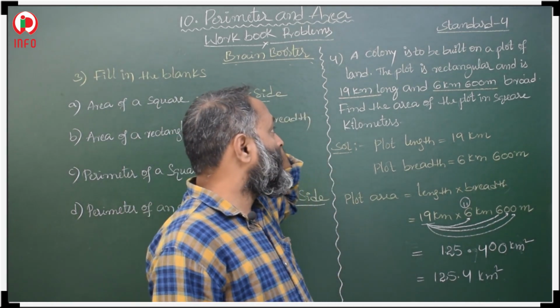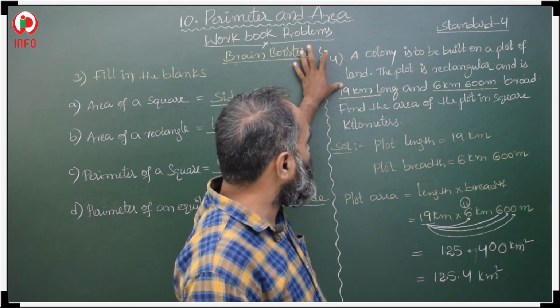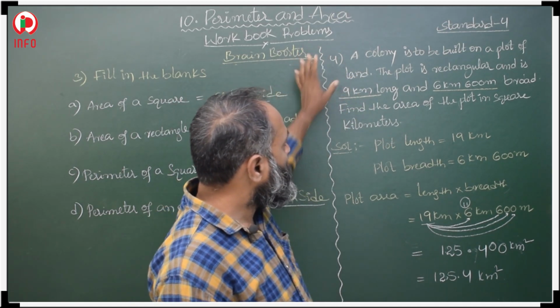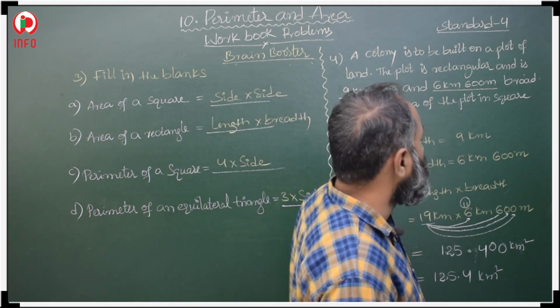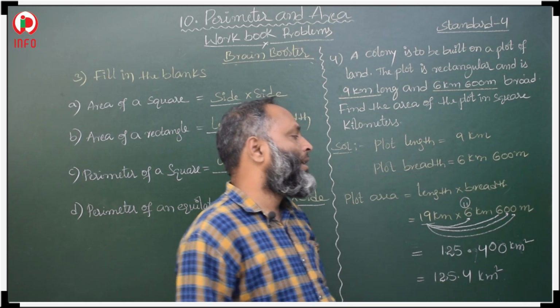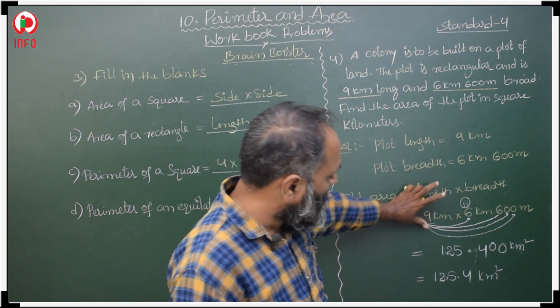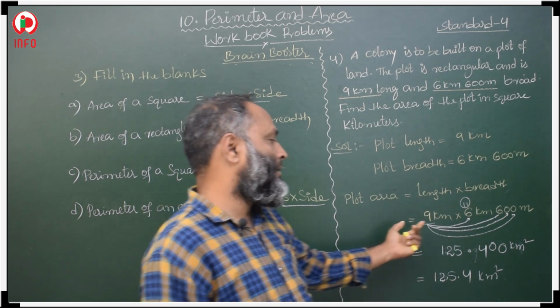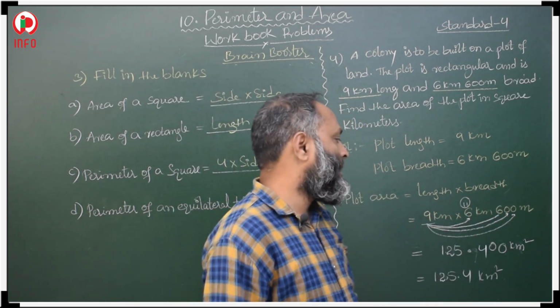Now students, see here, in this question instead of 19 he has given 9 kilometers long. If we take the length as 9 kilometers and the breadth as 6 kilometers 600 meters, the area is length into breadth, that is 9 kilometers with 6 kilometers 600 meters.